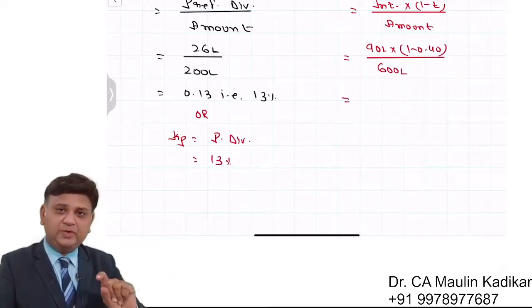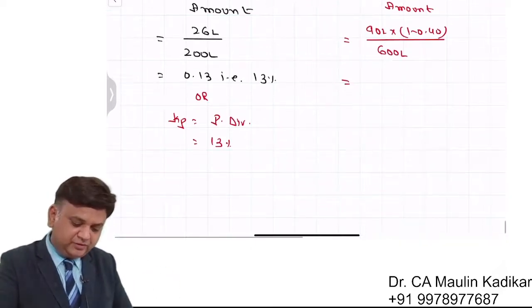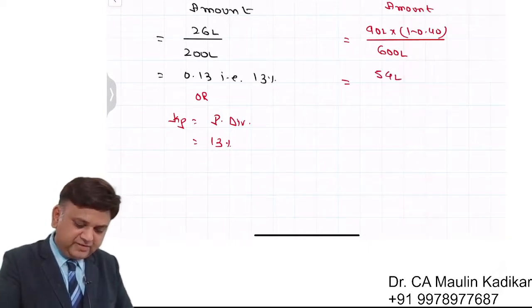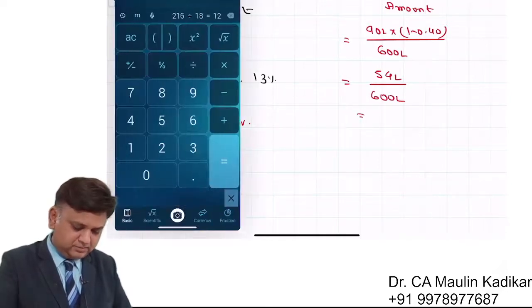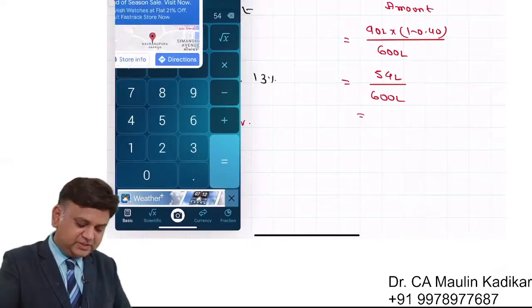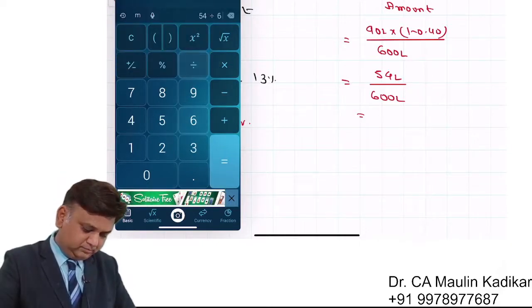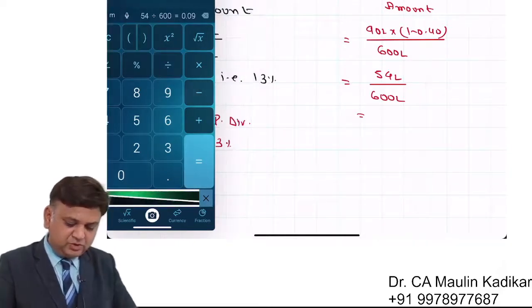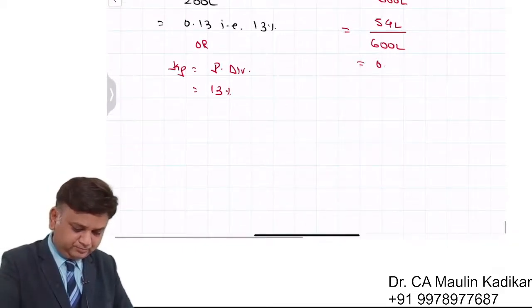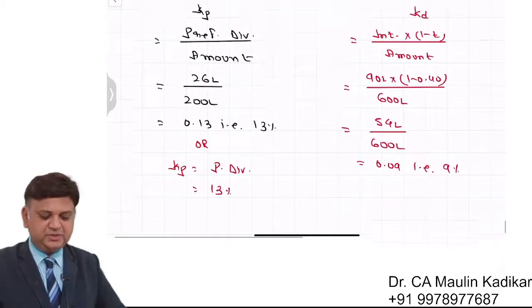So 90 into 0.6, that comes to 54 lakhs divided by 600 lakhs. So 54 upon 600, that comes to 0.09, that is 9%.